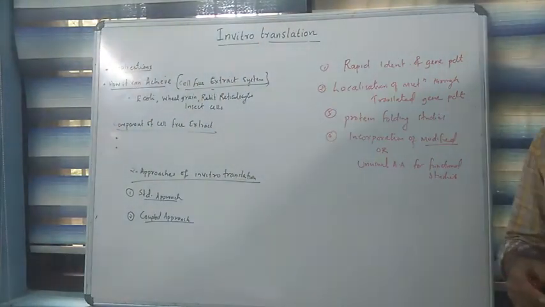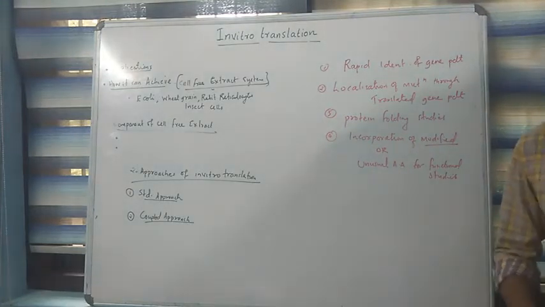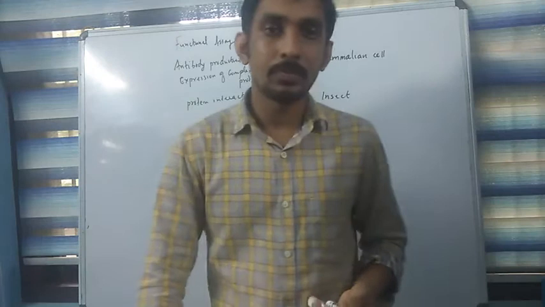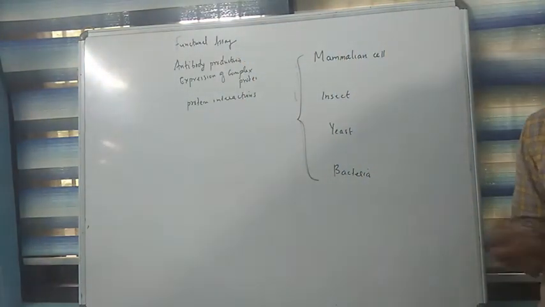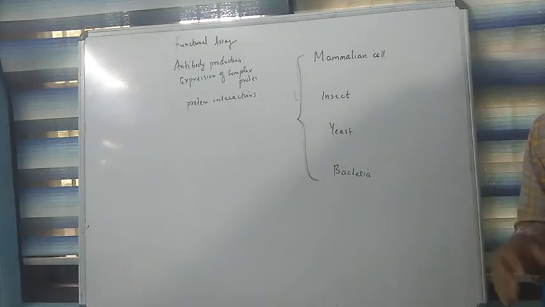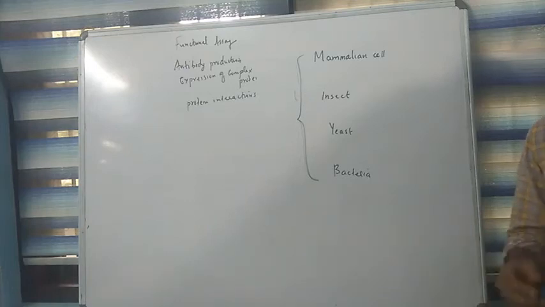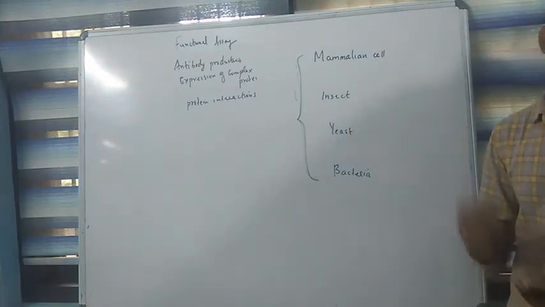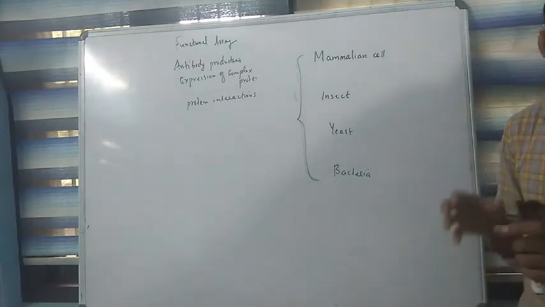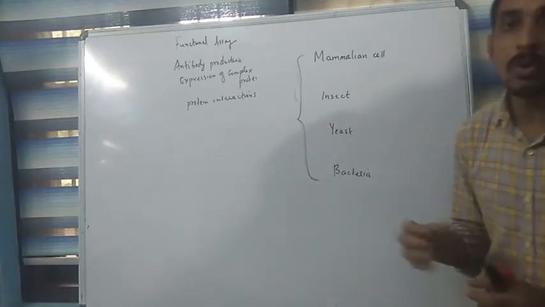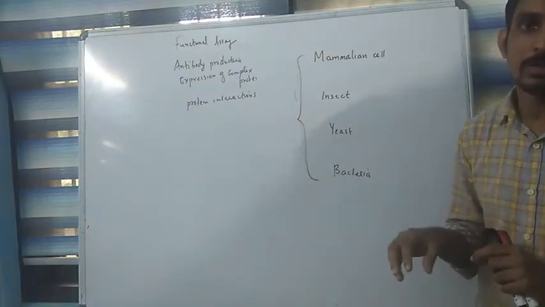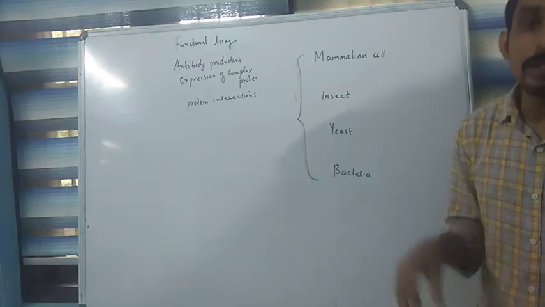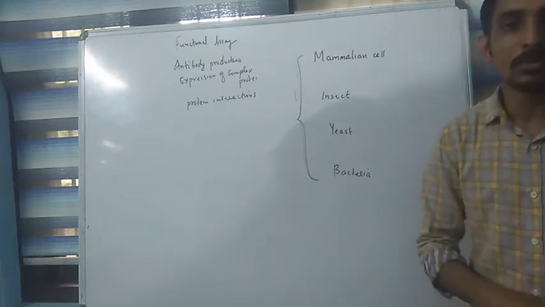Now let us move into one more topic related with this in vitro translation. If the protein which is going to be produced is very large, or its molecular size is very high, or if we need to study the protein interaction within the cell, what is the role of the protein within the cell, where the protein goes and where it binds, what are all the functions it mediates, for that purpose, we need to synthesize a protein within the cell instead of producing it artificially.